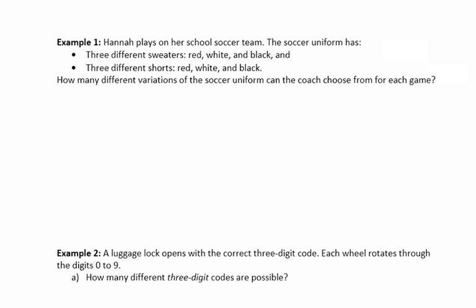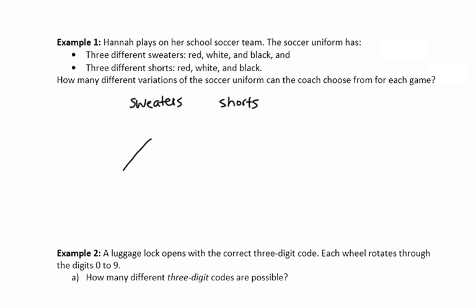Okay, so there's our sweaters and our shorts. So I'm going to show you 2 ways. One is, instead of a chart, I'm going to show you with a tree. How many sweaters do we have to choose from? How many sweaters? 1, 2, 3. Okay.